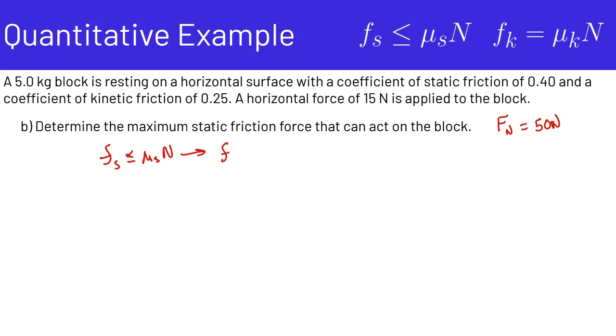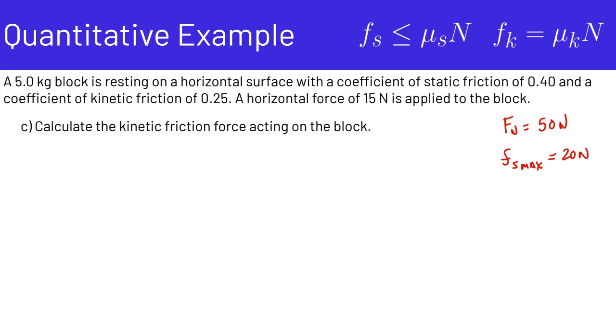So we can say that F sub S is going to equal 0.40 times our normal force, which is 50 newtons. So 4 times 50 is 200, decimal point scooted over, so our maximum static friction is going to be 20 newtons.